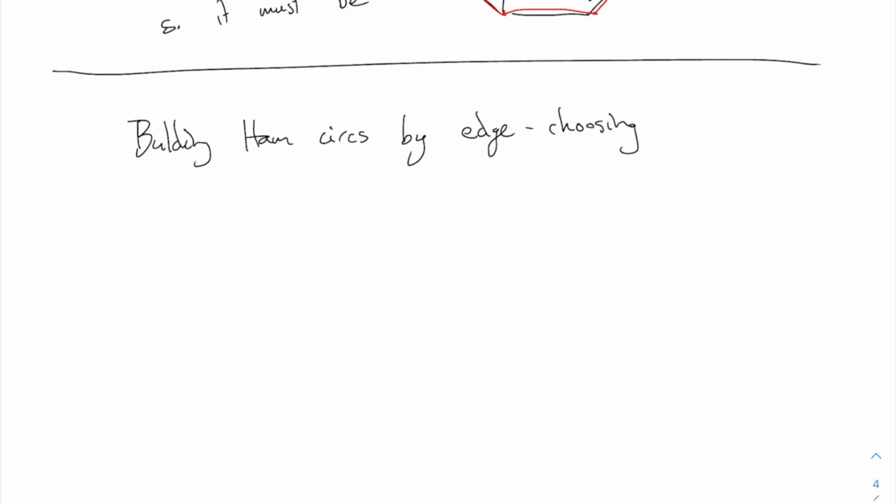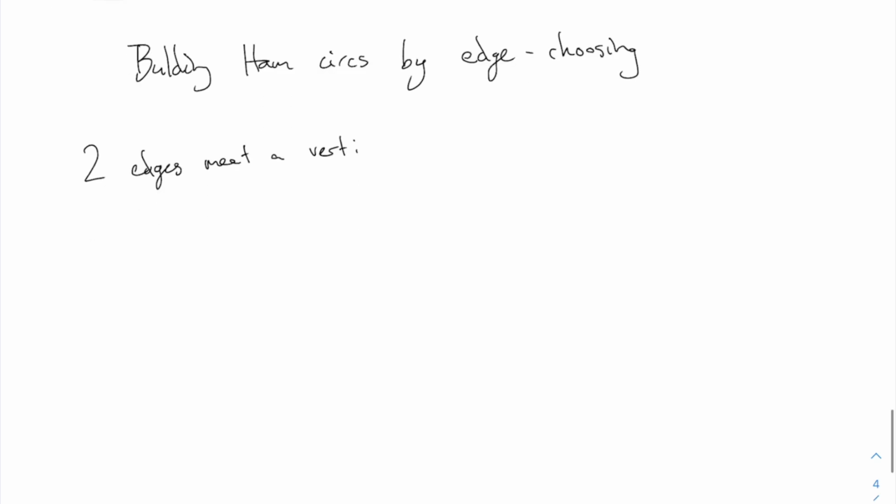So, for example, the first rule was about two edges meet each vertex. When you're doing that rule, if you actually see a vertex with only two edges, then you gotta use those two edges.